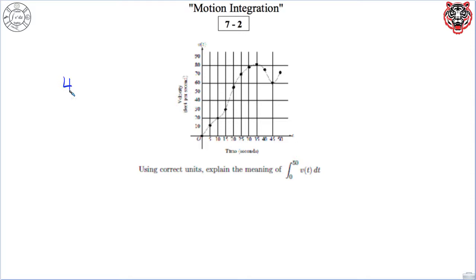Again, this is problem number 4. We have a very similar problem. It's just asking the same thing, only instead of a table or something, they give us a graph. But the answer is still the same. So the integral from 0 to 50 of velocity with respect to time, dt, that means the total change in position.